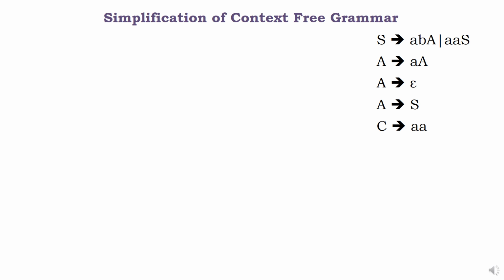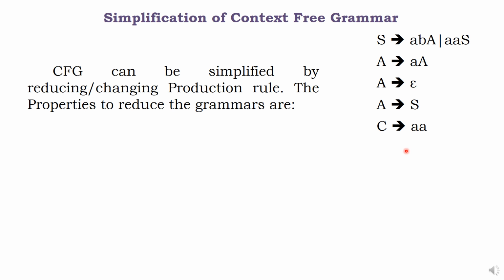We have S, the start symbol, with some values, A, again S, C, a lot of values. Now if you carefully analyze, we can simplify this particular CFG by changing some production rules and by reducing some of the values. How are we going to do that?